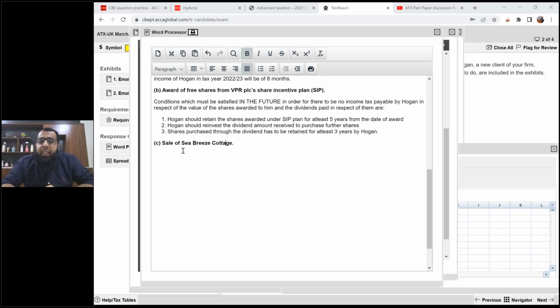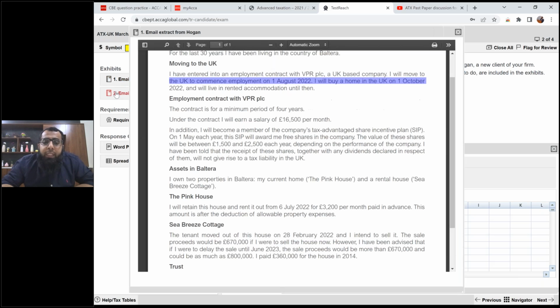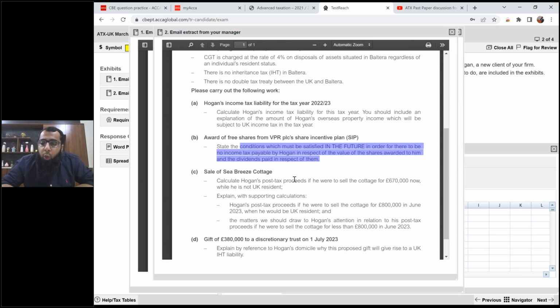Okay, sale of Sea Breeze Cottage. Okay, so let's look at it. I want you all to concentrate on it. Now, what is he asking in relation to Sea Breeze Cottage? Calculate Hogan's post-tax proceeds if he were to sell the cottage for £670,000 now, while he is not a UK resident.